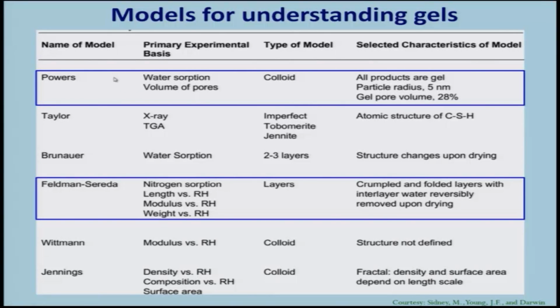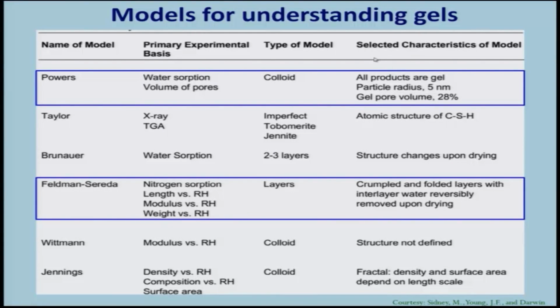In the case of Power's model, the type of model is colloid, which means that the gels are basically considered as colloids. In the Feldman-Sereda model, the gels are considered basically as clay layers.